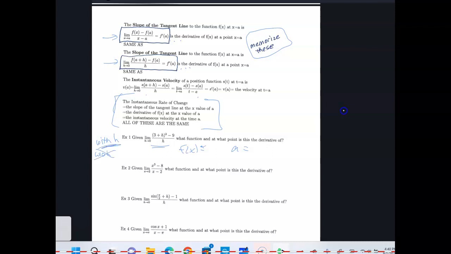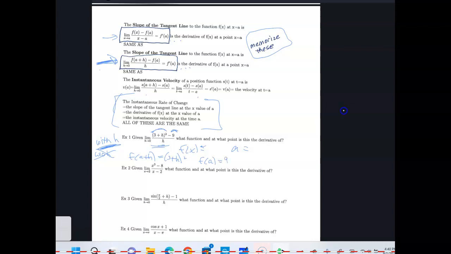If I'm using with h, that means I'm looking at this formula. So this has to be f of a plus h, this has to be f of a, and then h is in the denominator. I want f of a plus h to equal 3 plus h squared, and I want f of a to equal 9.